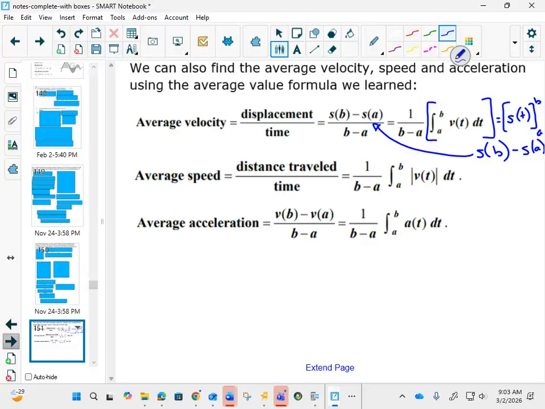Average speed is the distance you traveled over time. So then we have to have the absolute value in there. And average acceleration, of course, is how much did your velocity change over time? And that would be the same thing with the integral.